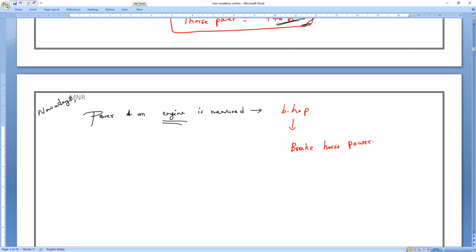Now I will give one example: Maruti 800. Have you heard of the car Maruti 800? It is one of the basic cars, a small family car.